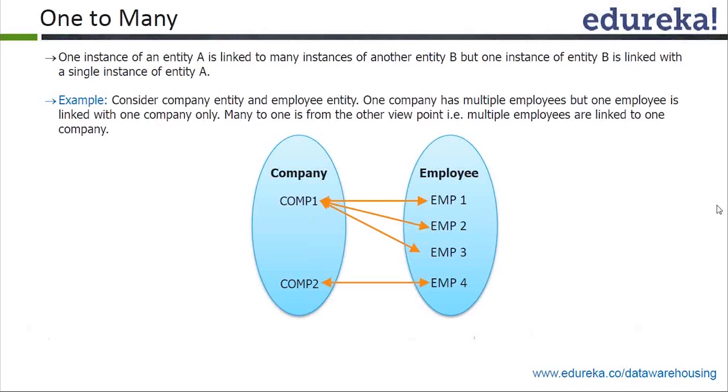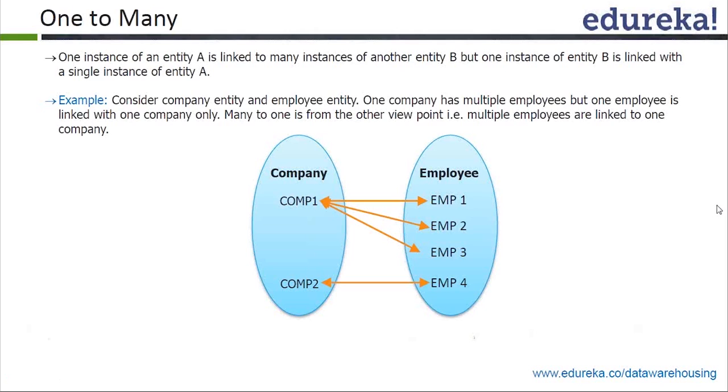In this case, as the name suggests, one instance from one entity is related to many instances in the other entity. So in the example shown here, there is company 1 which has 3 employees, employee 1, 2 and 3. So one company from the company entity has many employees, but one employee from the employee entity has only one company related to it.